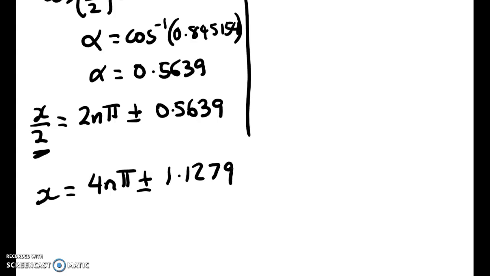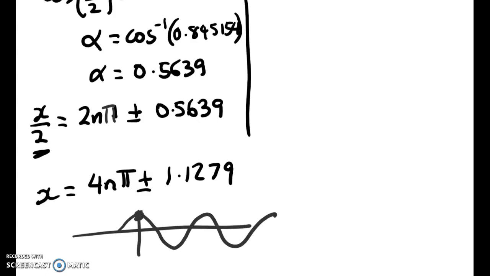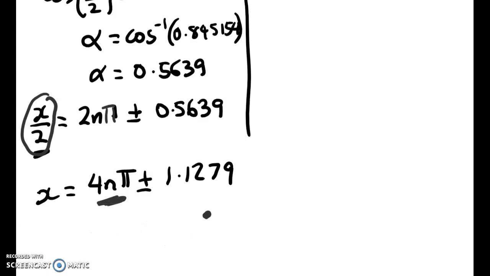So let's look at why that makes sense. Our usual cosine thing has got a period of 2 pi. So this is my ordinary cosine curve. One full cycle takes 2 pi. But when I'm dealing with x over 2, the period of that function is going to be 4 pi. So you can see that coming through in my answers here. So that's the first half of that one done.